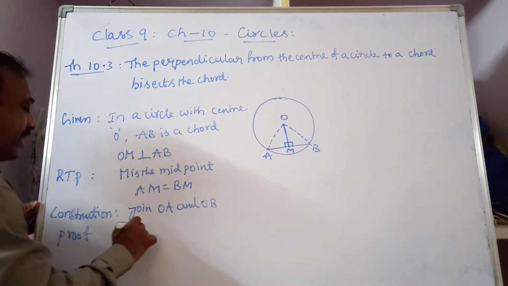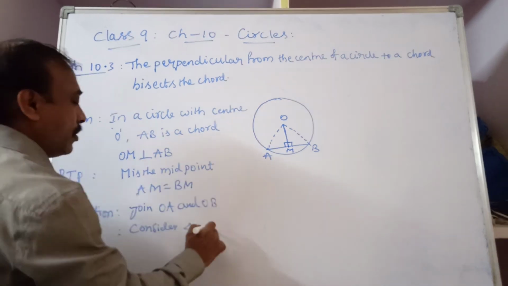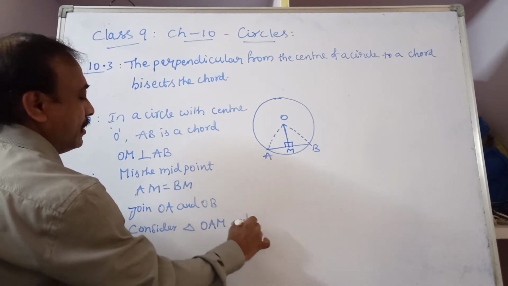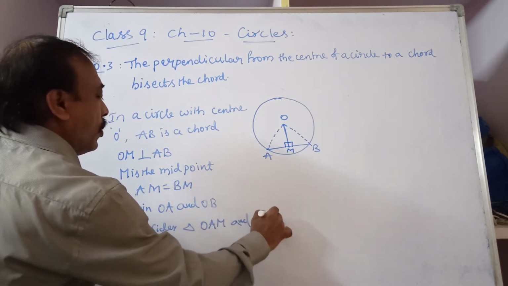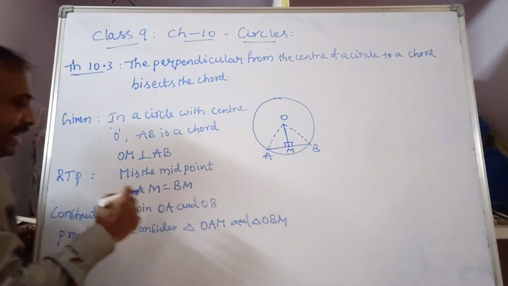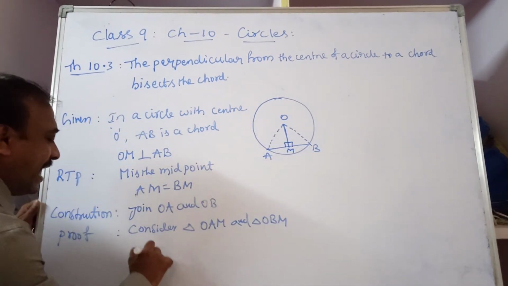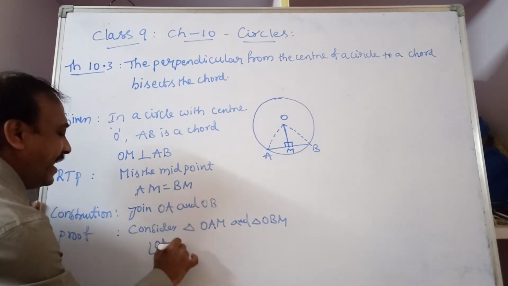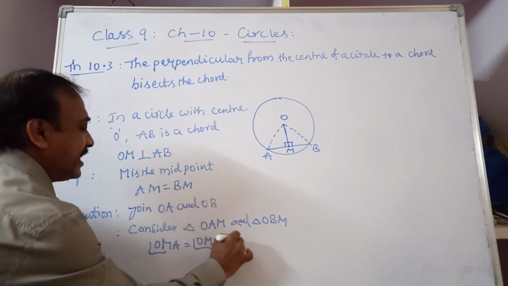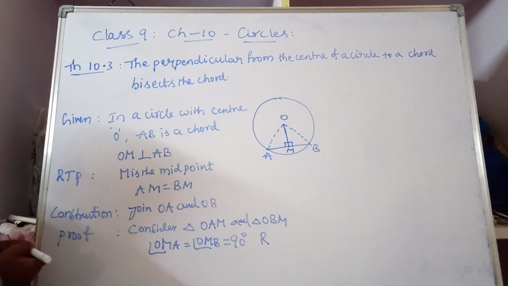For proof, consider triangle OAM and triangle OBM. In that, as it is given perpendicular, angle OMA is equal to angle OMB is equal to 90 degrees, which we call a right angle.